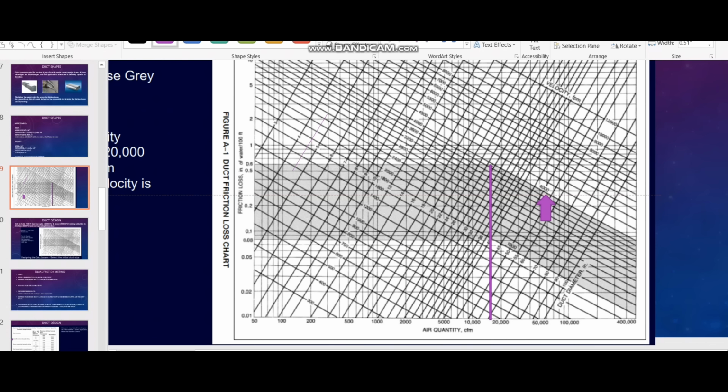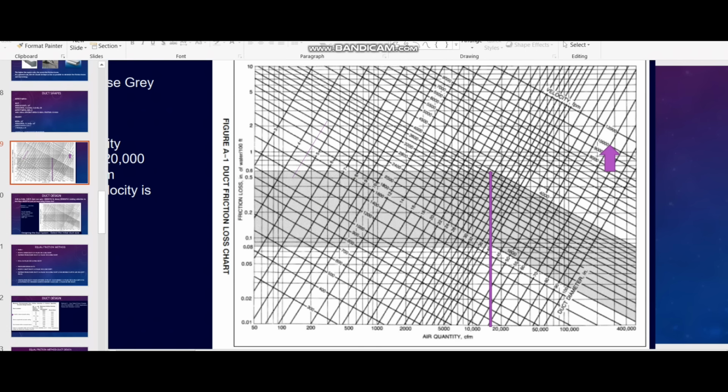For example, if in your project the flow is 10,000, you can follow the equal friction method between 0.08 to 0.6 inch. Suppose in your project the flow is 25,000, that means it is more than this arrow. So for 25,000 you have to make sure that the velocity is not exceeding 4,000 feet per minute.